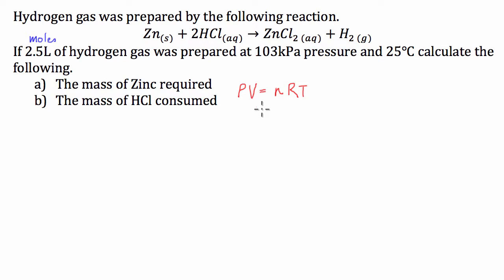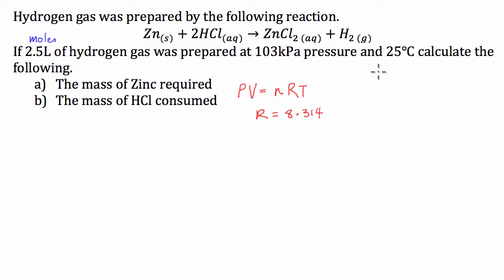Now this constant is equal to 8.314. So this temperature has to be measured in Kelvin. So what we're going to do first is convert the 25 degrees Celsius to degrees Kelvin.